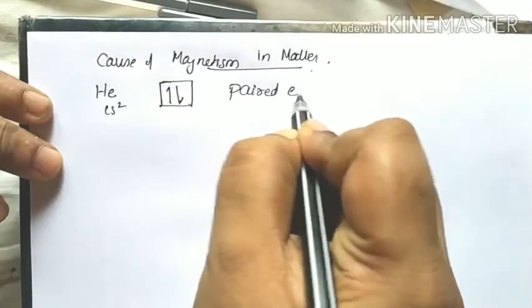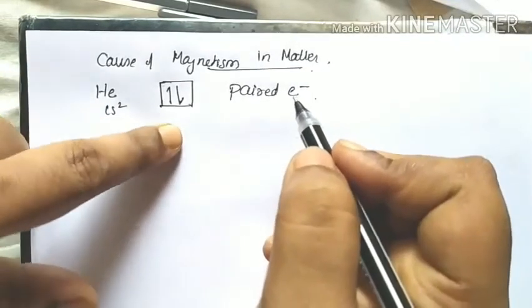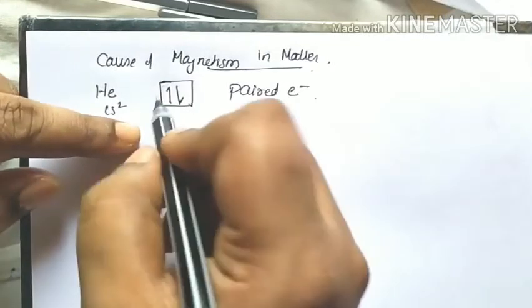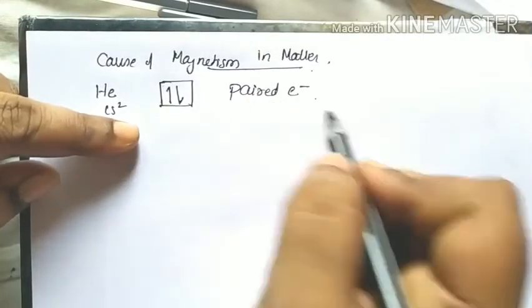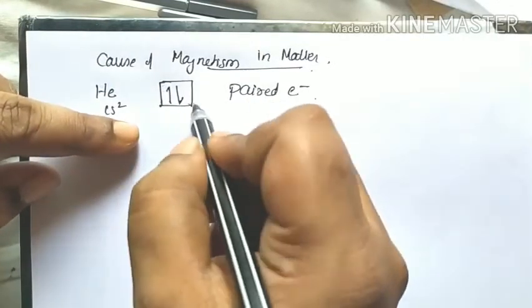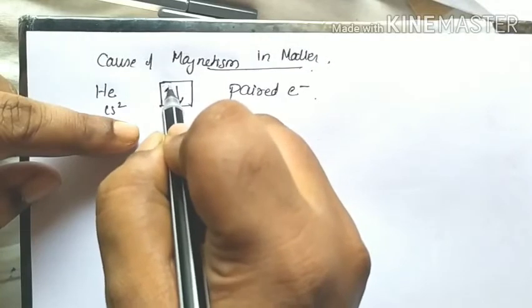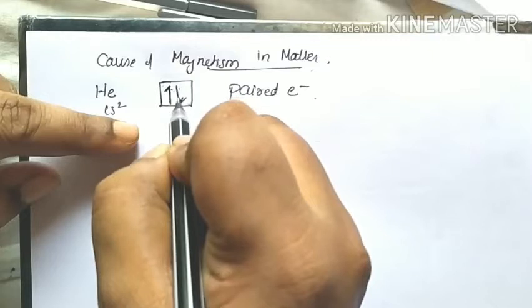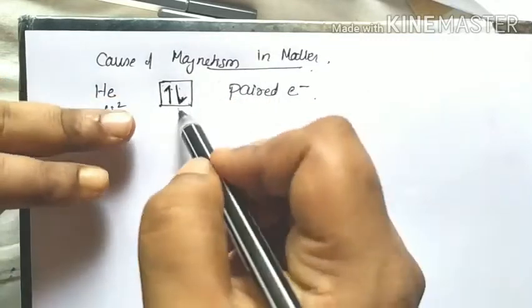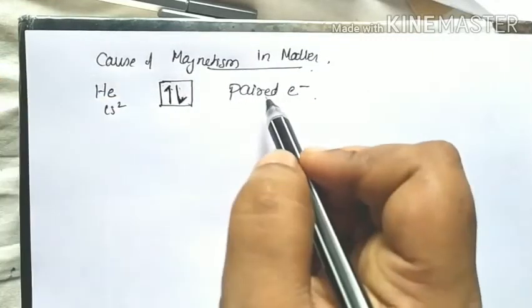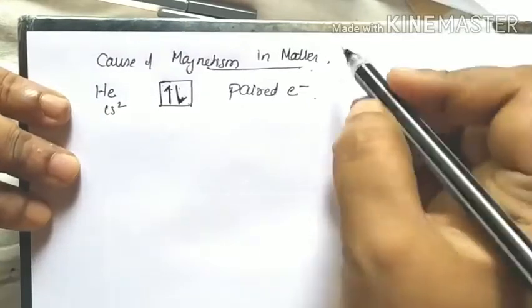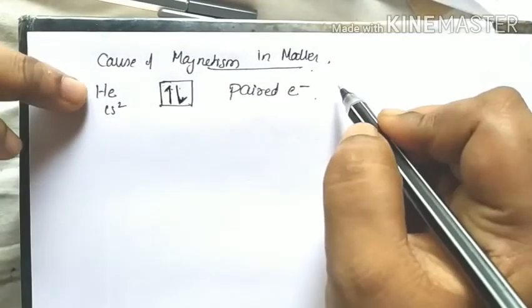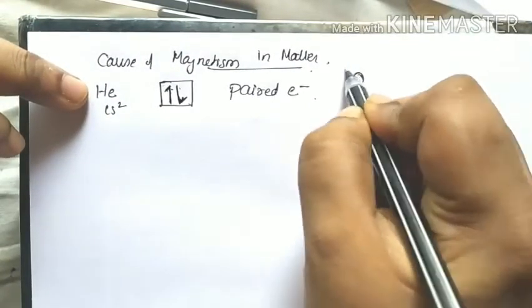Remember? They are paired electrons, right? In these types of things, these electrons are cancelling out each other. What is being cancelled out? This is the magnetic moment of the first electron and this is the magnetic moment of the second electron, and they are cancelling each other. Hence, the net magnetic moment of helium is 0.